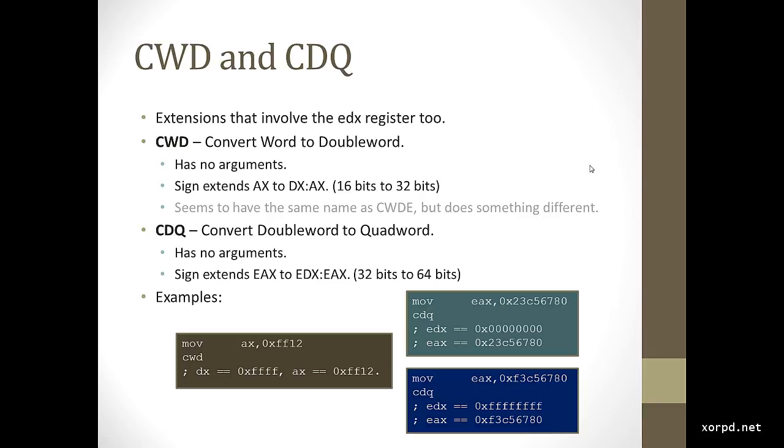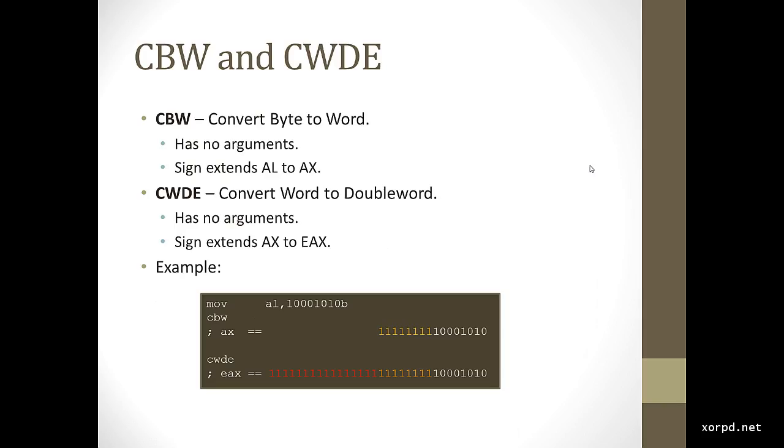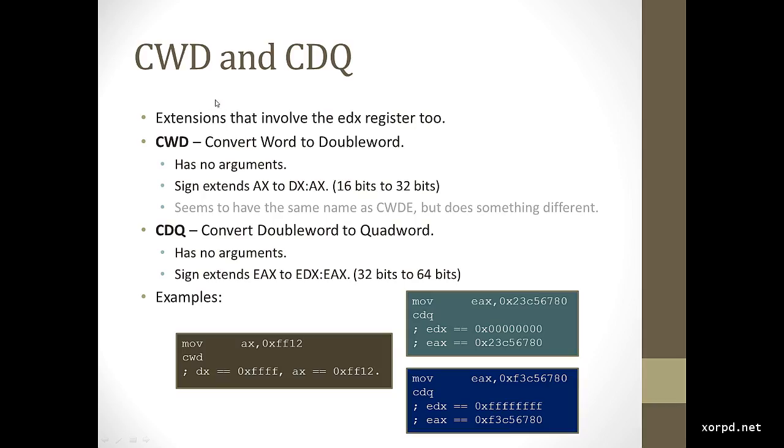Let's look at some other two instructions, CWD and CDQ. These instructions allow you to extend numbers in a way that involves the EDX register too. The last two instructions, they only use the EAX register. But these two instructions, they also involve the EDX register. So you can extend further.